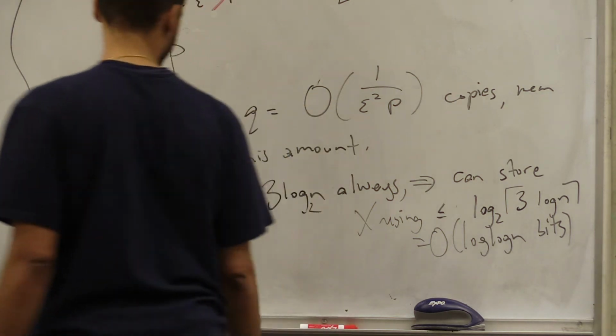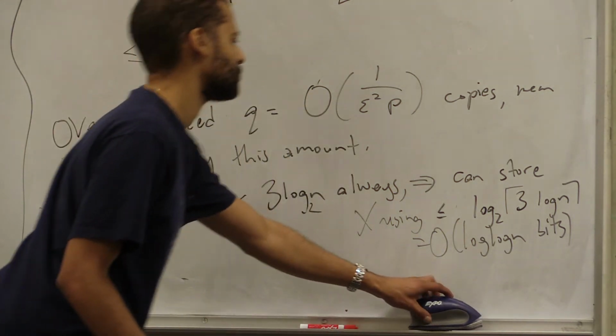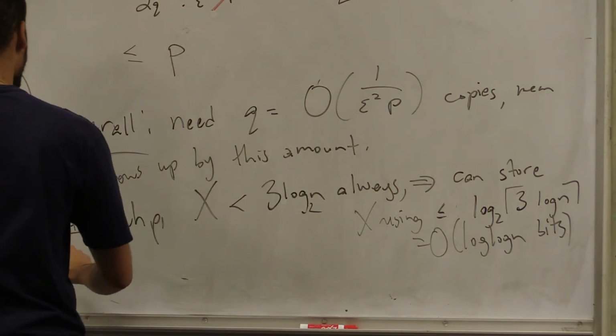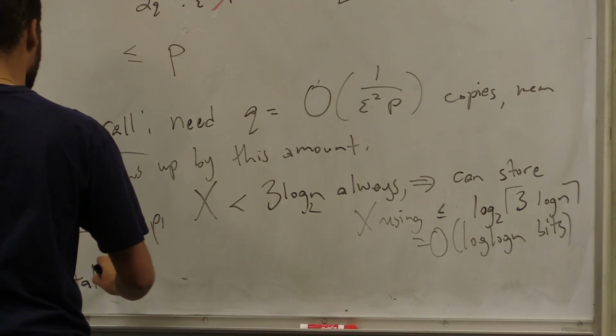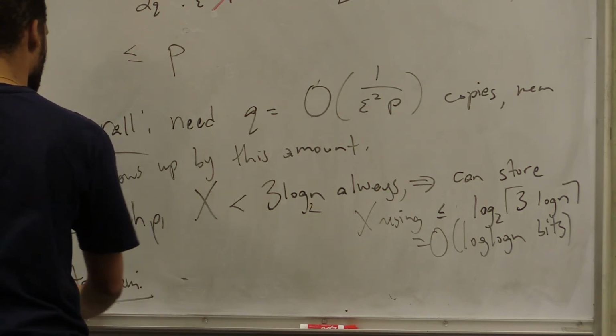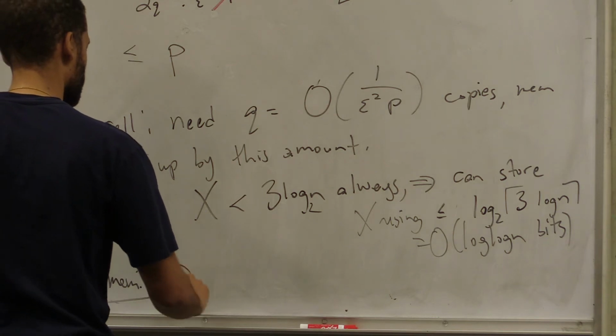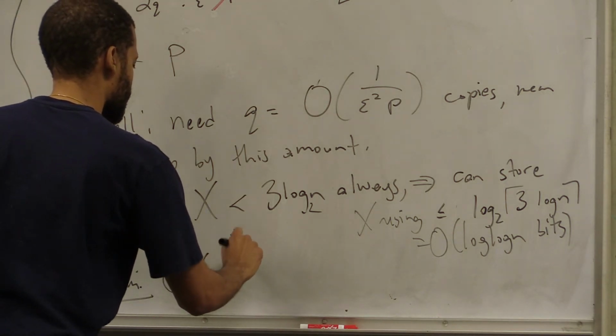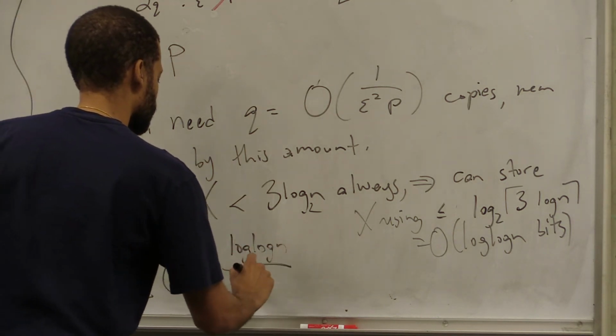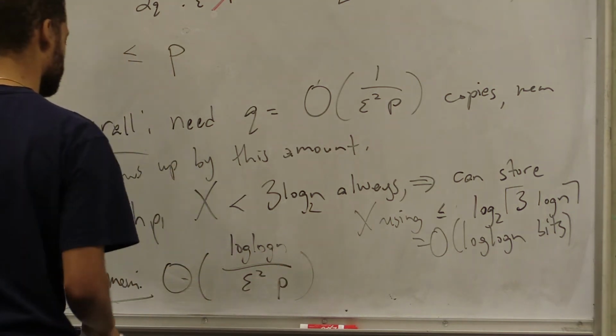So I can get a total memory which is with high probability at most O of log n over epsilon squared p. Okay.